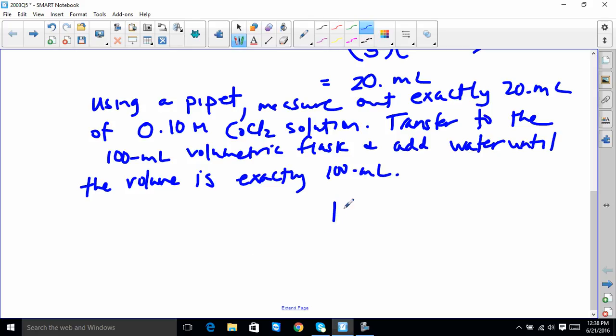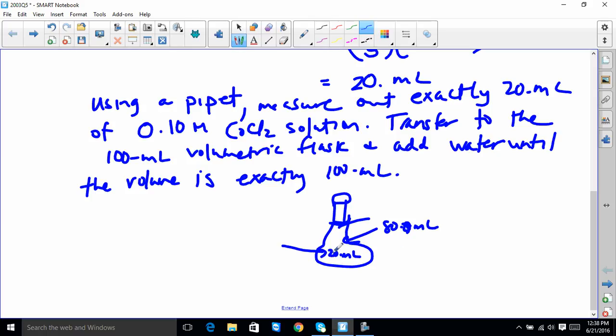You have this volumetric flask. Keep in mind, I'm the worst drawer on the planet. These are the ones that have the round bottom. That's so bad. And remember there's the line, and you have to have the meniscus. So what you do is you transfer in 20 mils. It can hold 100, and so then you put in 80 mils of water, for a total volume of 100, and 20 divided by 100 is 1/5.